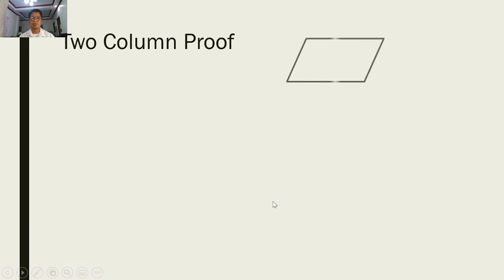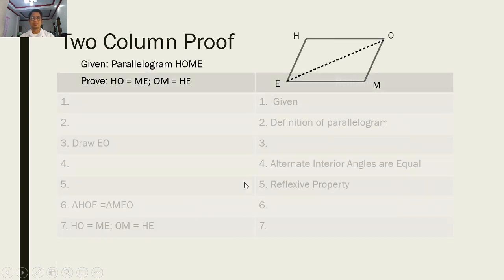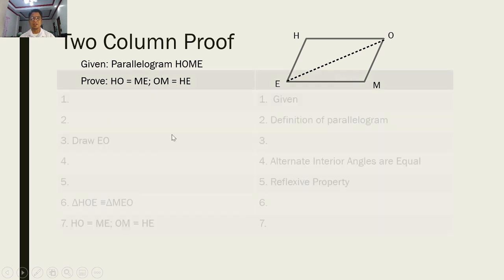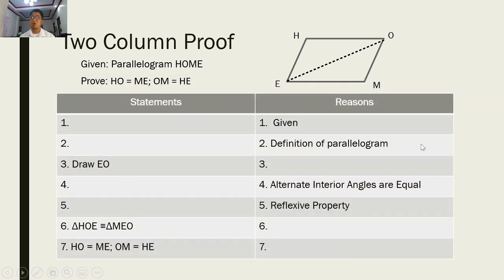Okay? So, balikan na natin to. So, ito yung ipoprove natin, ito yung given, ito yung ating table. Statements, reasons. Again, if you notice, number 1, given, ito yung dapat nating ilagay dito. So, automatic, hindi ka na 0 kung 1 to 7 yan. Okay? And if you notice also, HO is equal to ME, OM is equal to HE, yun yung makikita mo dito sa dulo.